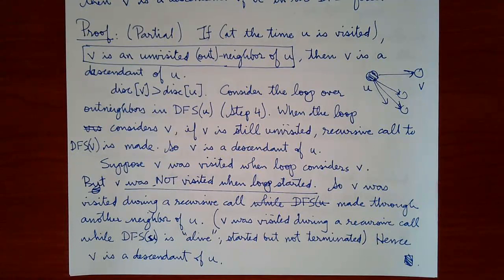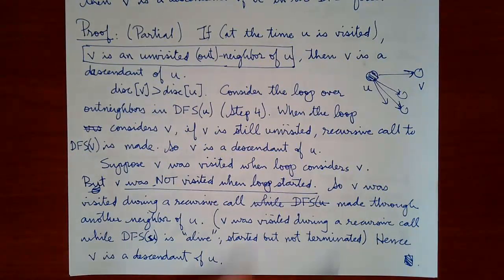So in order to have a valid parenthesization, V's closing parenthesis has to be first, and that means that V is a descendant. Yes, you can. Yes, that's probably a much cleaner argument. Yeah, I think that's the better way to do it, right?